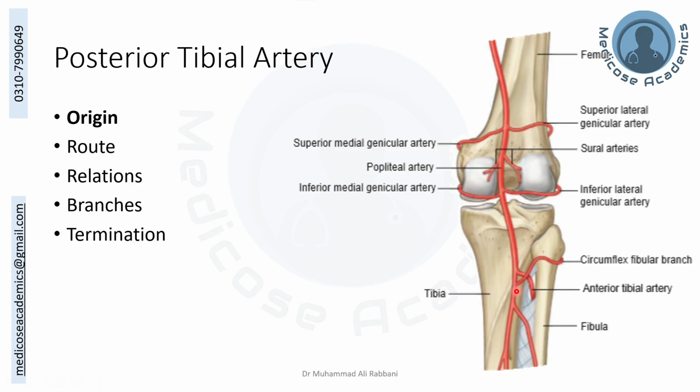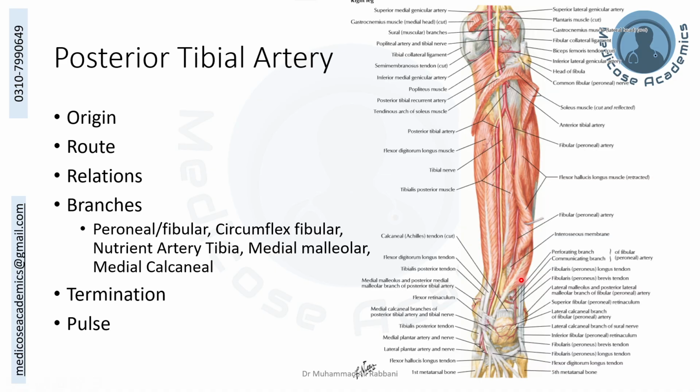So, posterior tibial artery, what is its route? It runs on the back of the leg in the deep compartment. It passes through the tendinous arch, deep to the soleus muscle, and runs on the back of the tibialis posterior initially, then on the back of flexor digitorum longus.